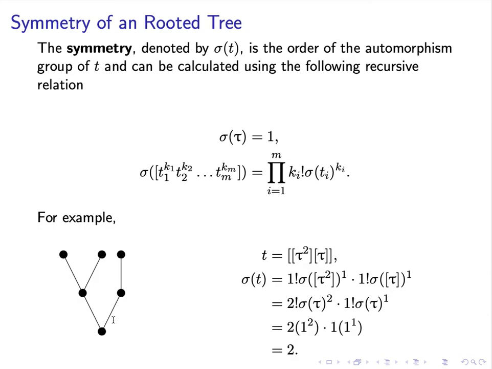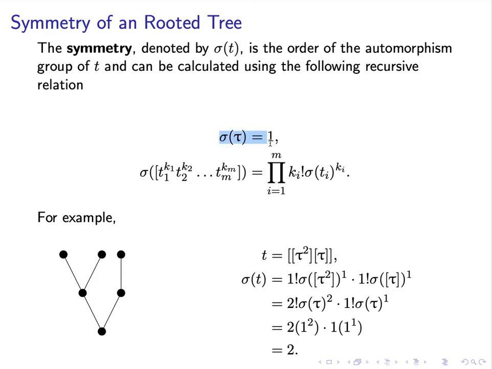The next property we're going to be looking at is the symmetry of a rooted tree. Symmetry is denoted by sigma t, and if we want to use grand words, it's the order of the automorphism group of t that can be calculated using the following relation. In other words, it's how many ways can a tree be represented by swapping various nodes.